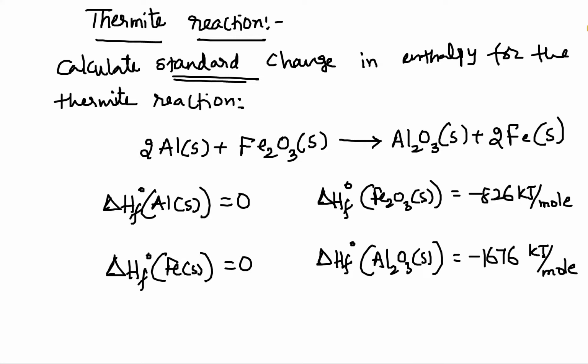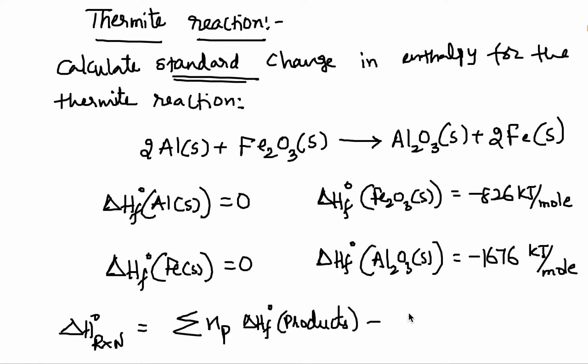So what is the formula? We know the formula. Delta H naught reaction is equal to summation nP delta HF naught of products minus summation nR delta HF naught of reactants. So here we have two products and two reactants.